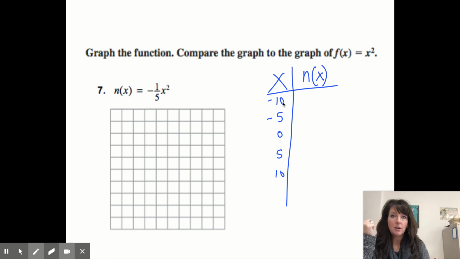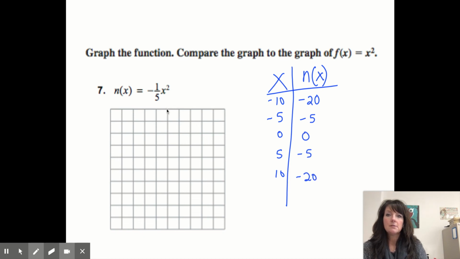So -10 squared is 100. 100 times a -1/5 is going to be -20. Okay, so it's just taking 100 divided by 5, and it's negative. All right, 5 squared is 25. 25 divided by 5, so -5. This will be 0, -5, and -20.